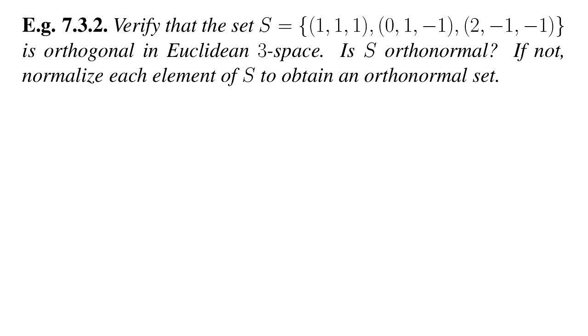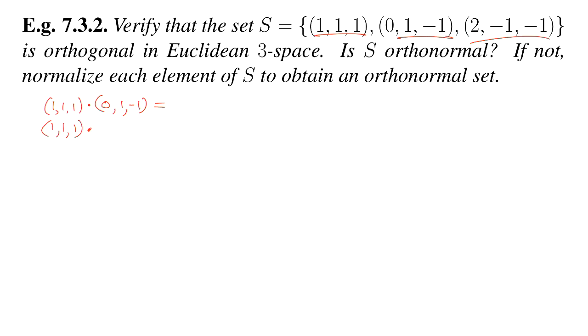All right, so here's an example. We've got this set S, and the first question is: is this set orthogonal in Euclidean space? To check if it's orthogonal, we're in Euclidean space, so we care about dot products. You just take every possible inner product. You pick every possible pair out of this set.